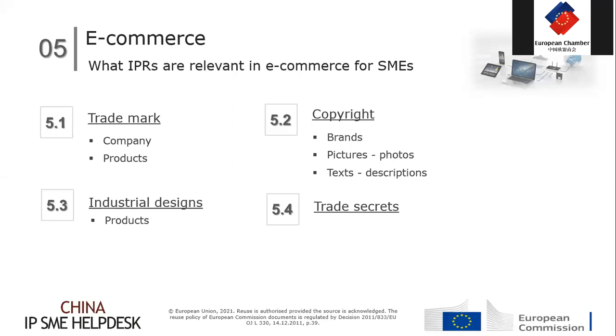Those companies, when uploading information online and when providing details about the products, should be very careful about what type of information they are disclosing, and not publish any information that is relevant, confidential, and should be protected with a different type of intellectual property right.